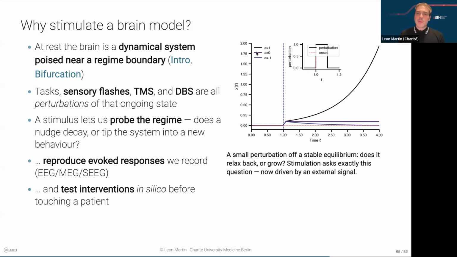So we have a super simple system, and based on which parameter we take, we can either have exponential growth, so we get into an unstable regime, or we have no change at all, or we go back to the line.